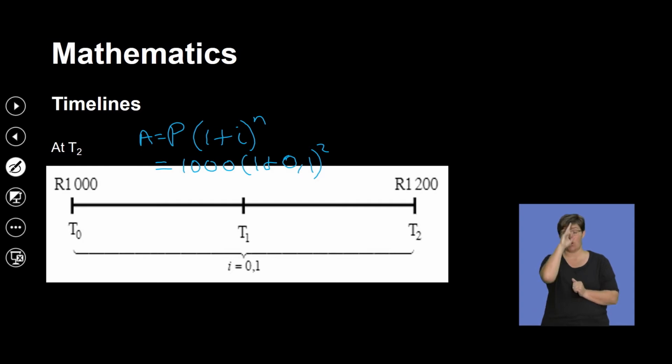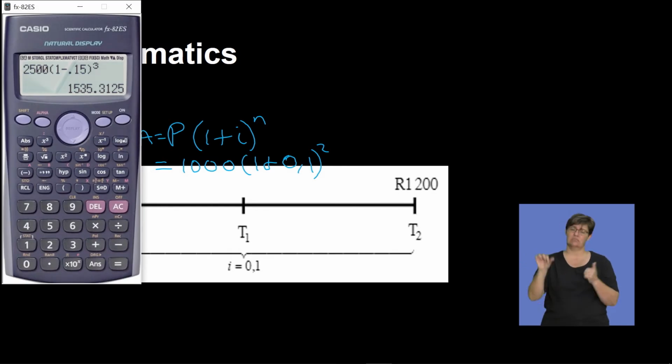So remember, what did we say? If you're moving forward, you multiply by 1 plus i to the exponent of a positive n. Now, if you go back to the calculator now, this will be 1,000 into 1 plus 0.1, and this will be to the exponent of 2.